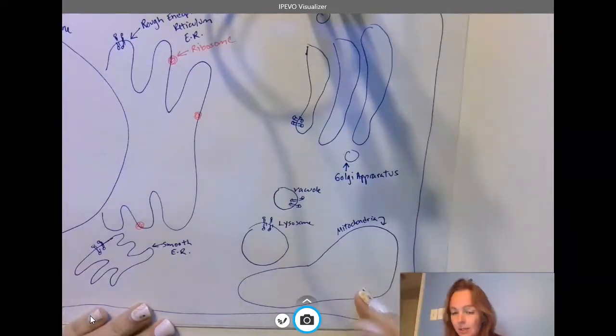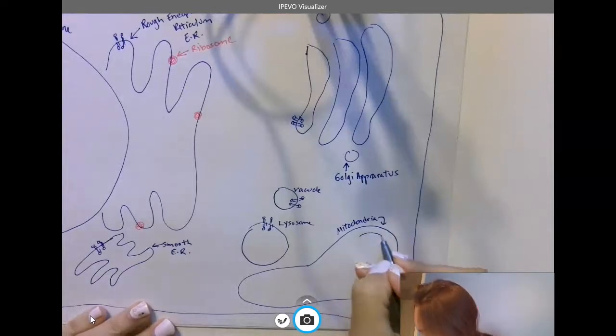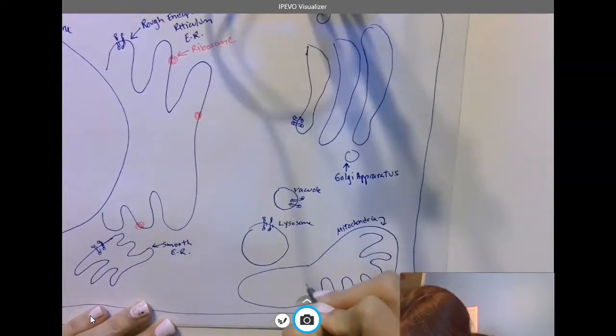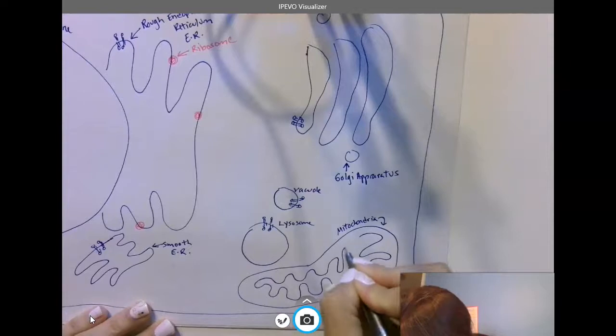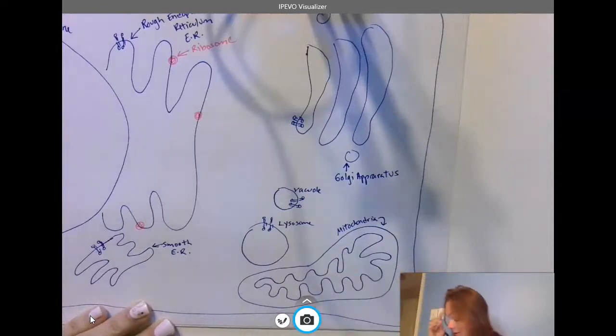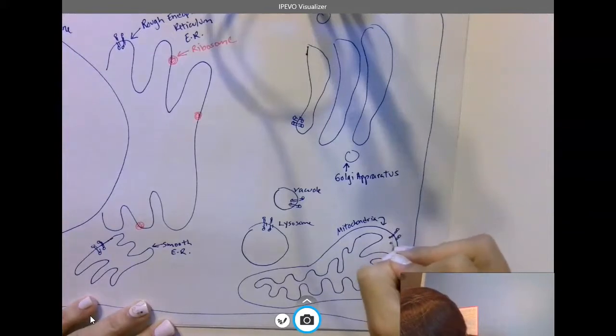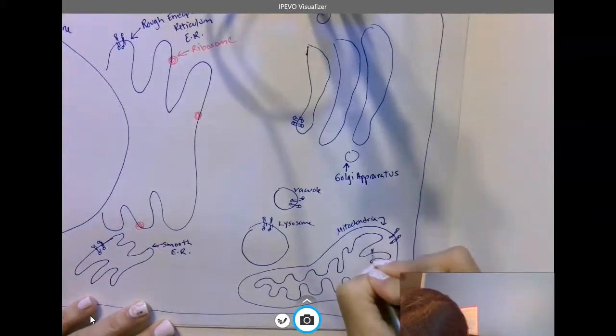The mitochondria is interesting because it has not one, but two membranes. Because remember, this blue color is showing you biomembranes. So the mitochondria has an outer biomembrane and an inner biomembrane.